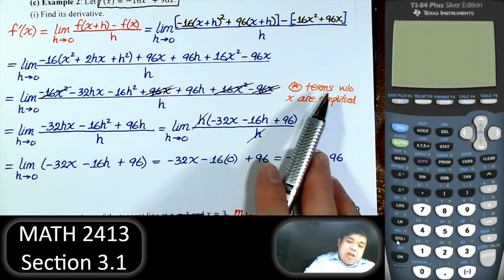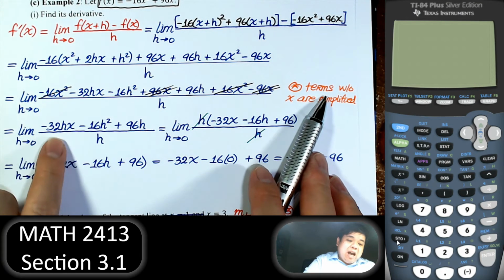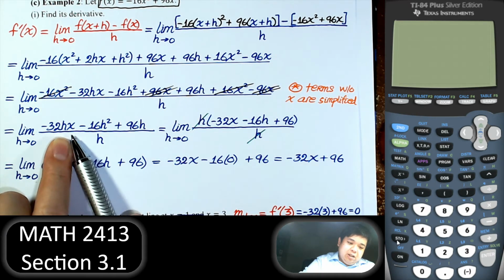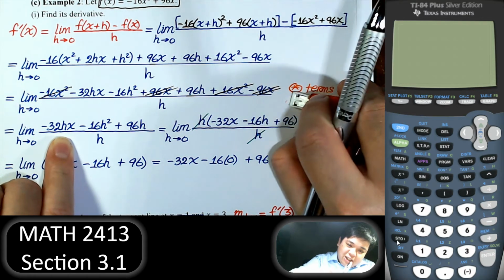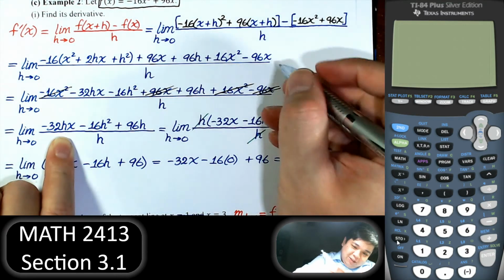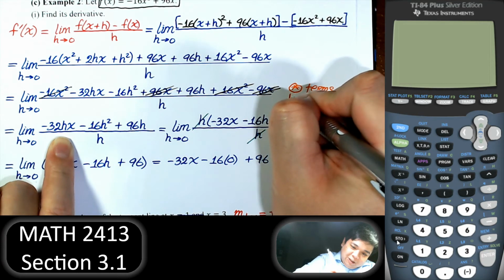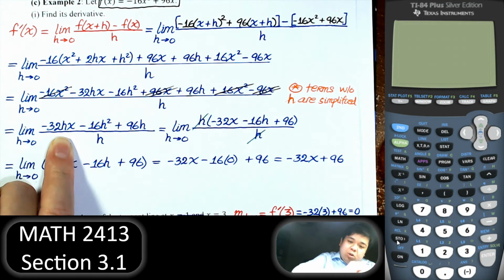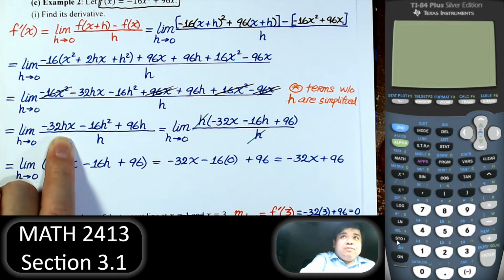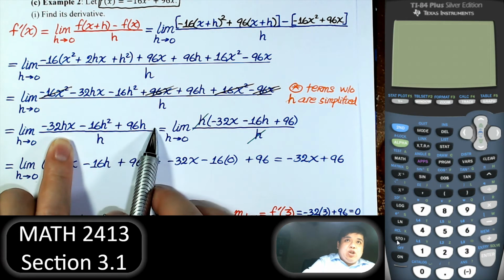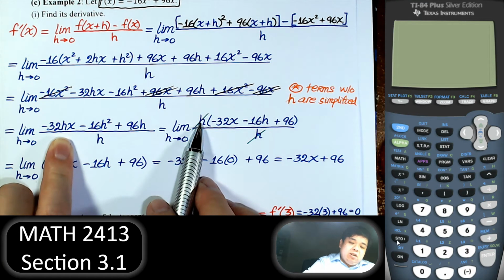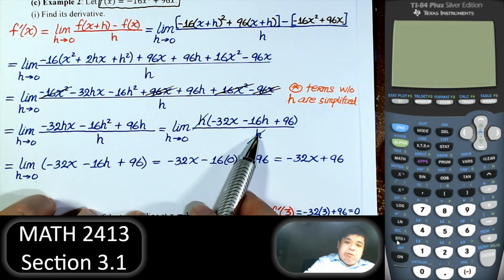Because the terms without h are simplified, all of them have to have an h in them, so we can factor out and cancel the h at the bottom.